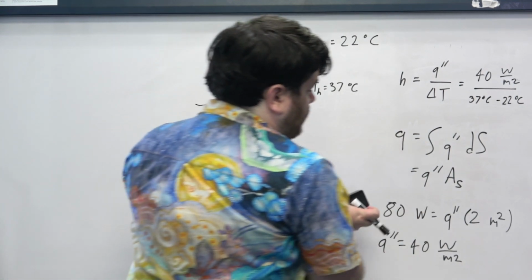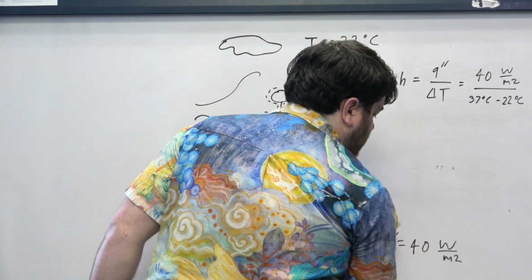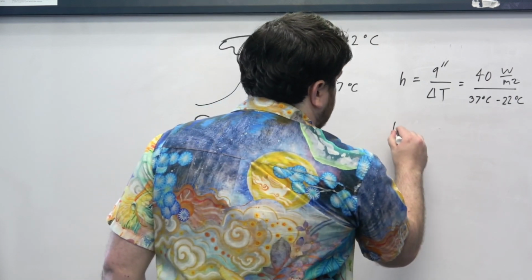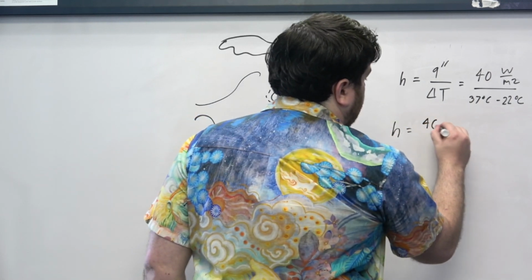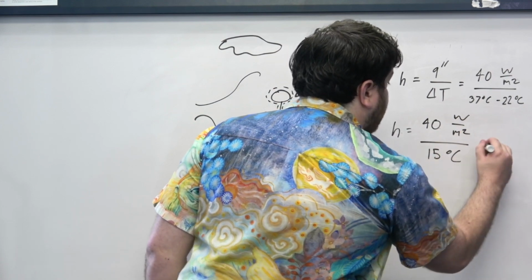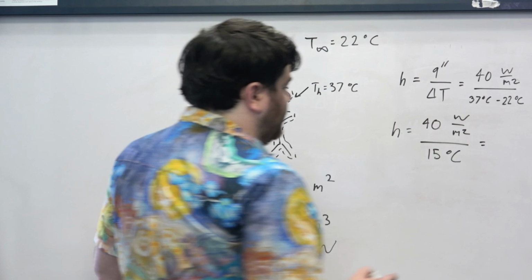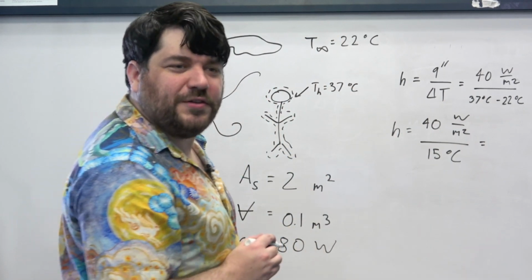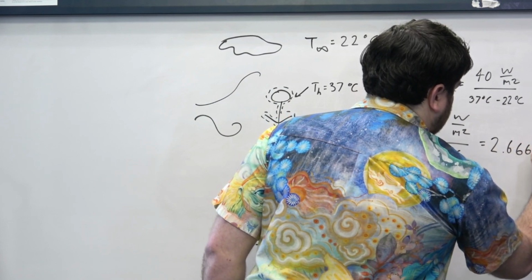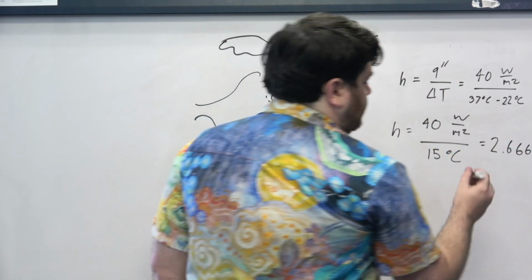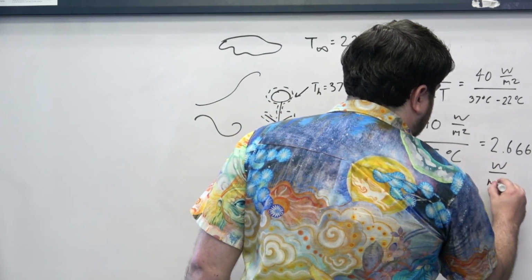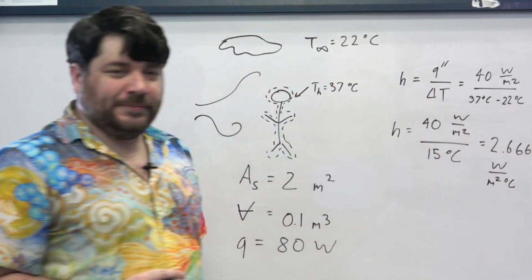And this difference is 15. So when it comes right down to it, H is just 40 watts per meter squared divided by 15 degrees Celsius, which results in a heat transfer coefficient of 2.6666 repeating. And I'll write the units down here, watts per meter squared degree Celsius.